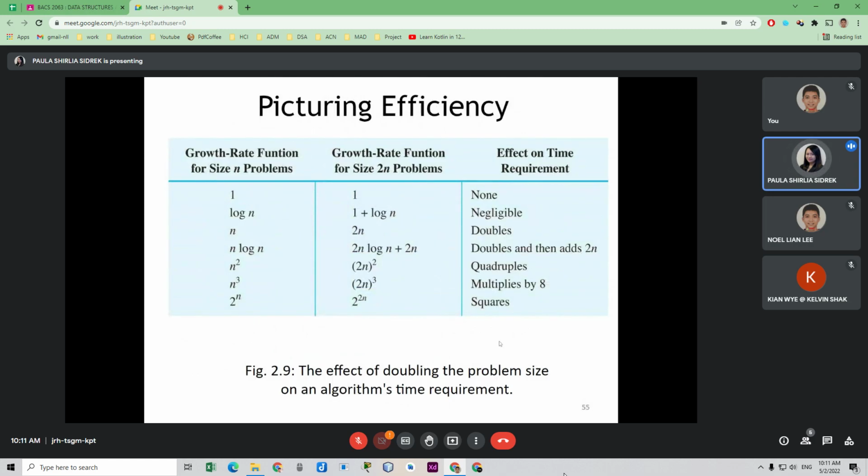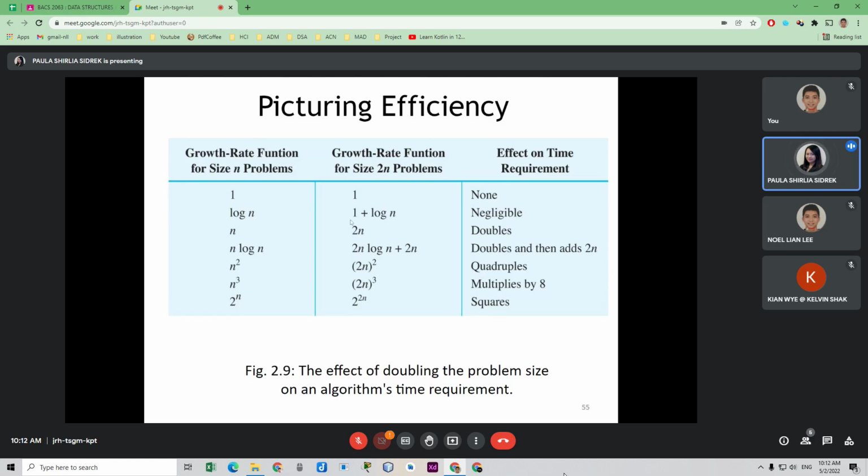Okay, so this is the growth rate function for problems of size n, and this one is the growth rate function for problems of size 2n, and its effect on time requirement will be these results. For example, briefly, when the size of n is 1, the size for 2n problems is 1, and there is no effect because you don't do much operation there.